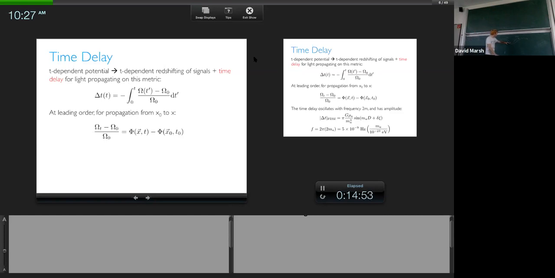But if the potential when you went out is a little bit smaller or larger than the potential when you went in, you don't get the same amount of red shifting on the way out as the amount of blue shifting you got on the way in. And so this can change the overall frequency of light and end up with some blue shifting or red shifting, which leads to a delay in the arrival of the peaks in the wave.